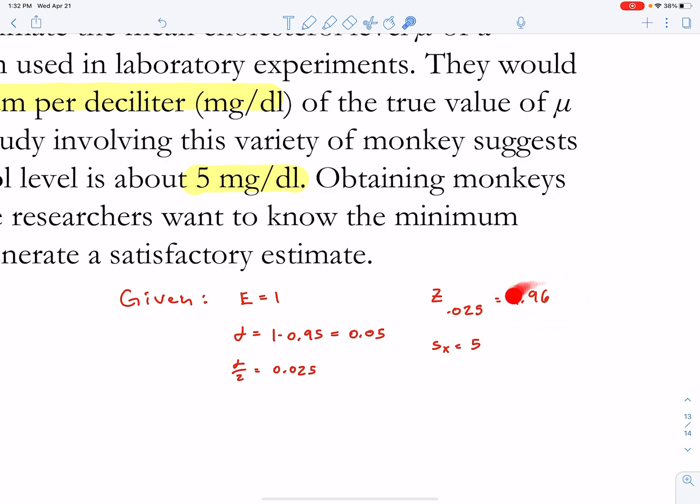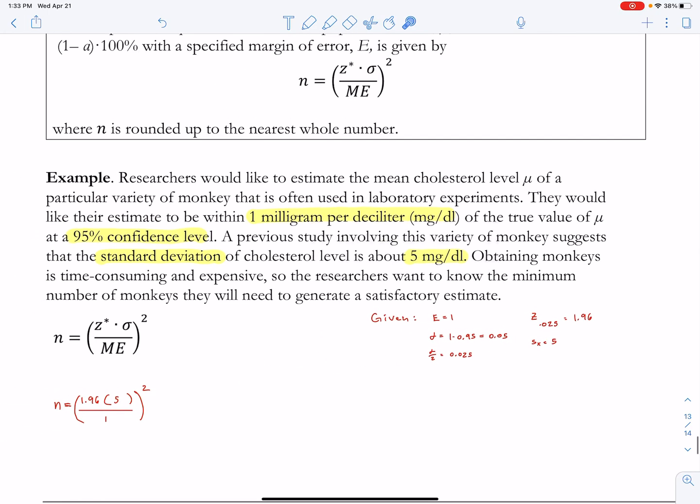And we get a Z-score of 1.96. And then our standard deviation was 5. So once we have that, we have everything that we need to plug and play and solve for our answer.